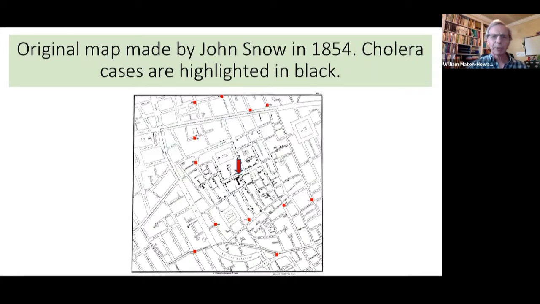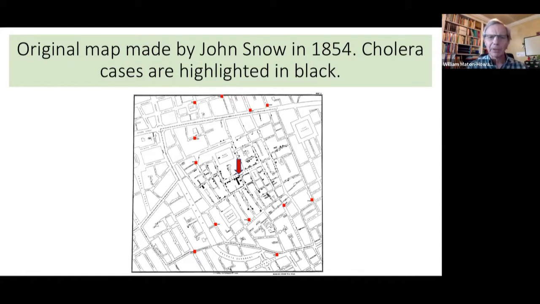This map, produced by John Snow in 1854, shows in black the cholera cases around Broad Street. And in this map, I've also overlaid where around the streets, around Broad Street in Soho, the water pumps were that were providing water to the population at that time.